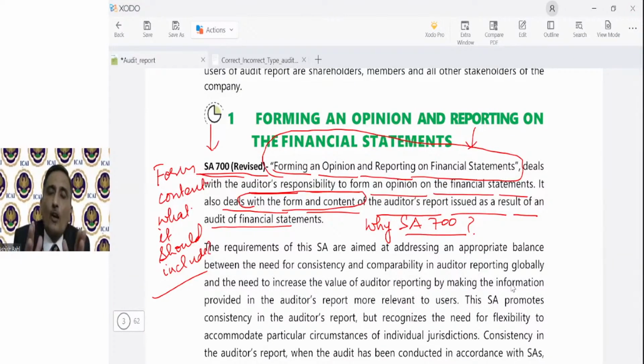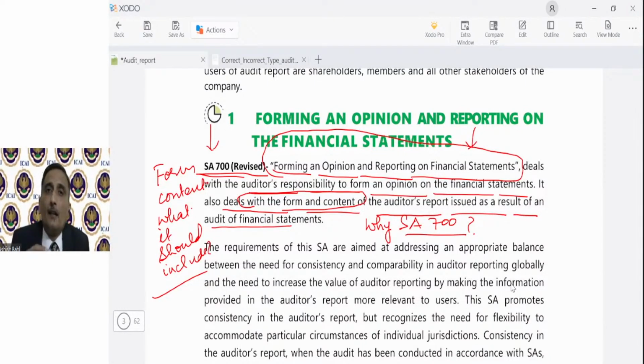There is some sort of standardization here, so that anybody who studies the report knows that he is going to rely upon an audit report which is in some sort of standardized format.